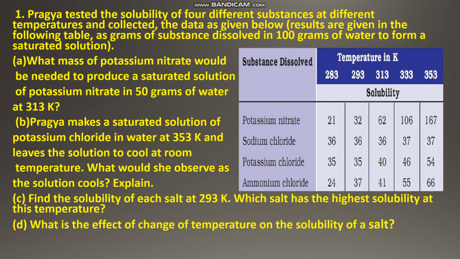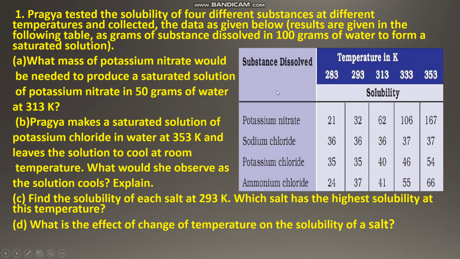So, same way, here 4 salt solubilities at different temperatures are given. 283 Kelvin, 293 Kelvin, 313 Kelvin, 333 Kelvin and 353 Kelvin. Solubility of potassium nitrate is given at these different temperatures. Then solubility of sodium chloride, potassium chloride and ammonium chloride are given in this table.